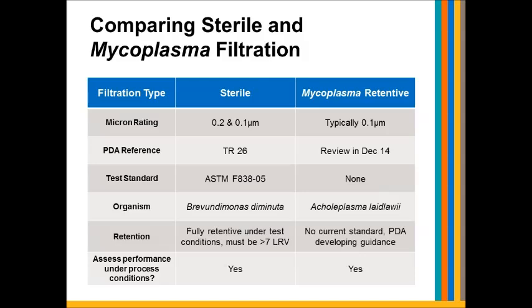The test organism that the PDA subcommittee has selected is Mycoplasma laidlawii, grown in a specific manner, and trying to grow it to a specific size so that it demonstrates the smallest potential characteristics and the largest challenge for a membrane filter.